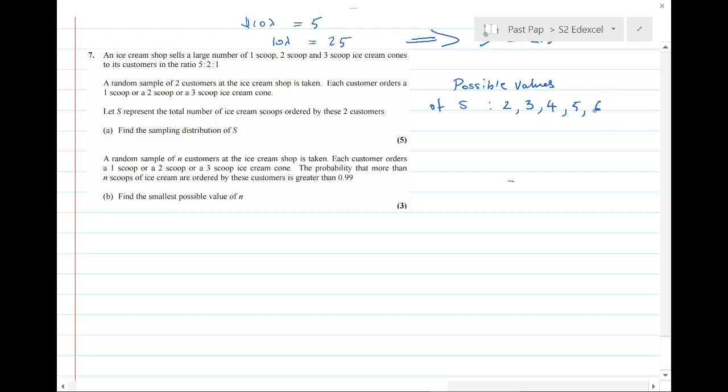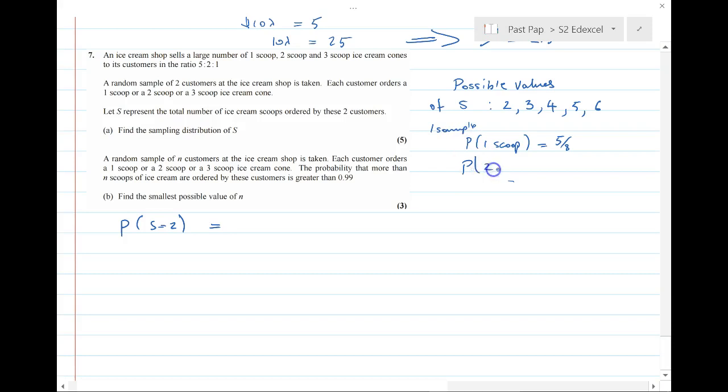So let's work out the probability of those and then put them into a table. Right, probability S equals 2. That can only happen in one way. And don't forget the individual probabilities. Probability of 1 scoop is equal to 5 over 8. This is from one sample, obviously.